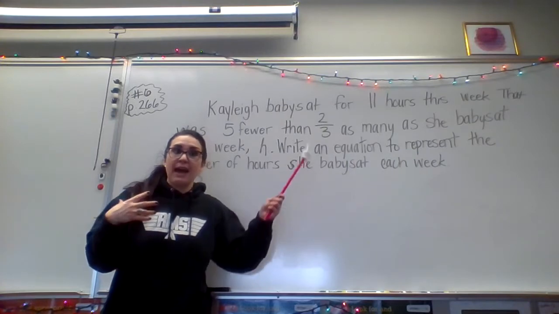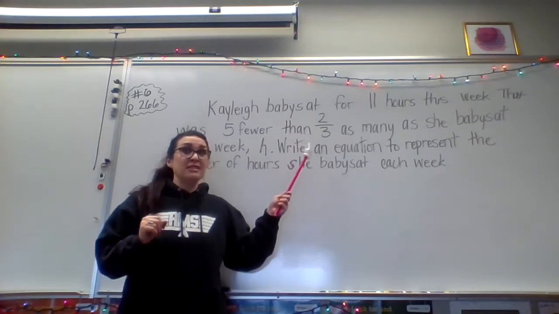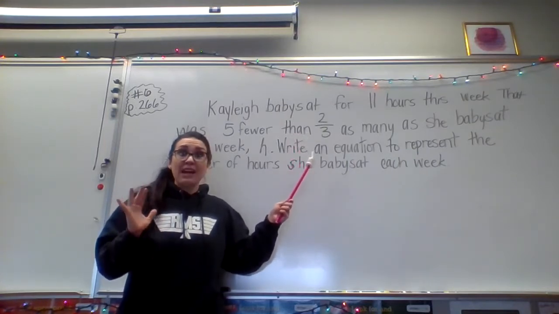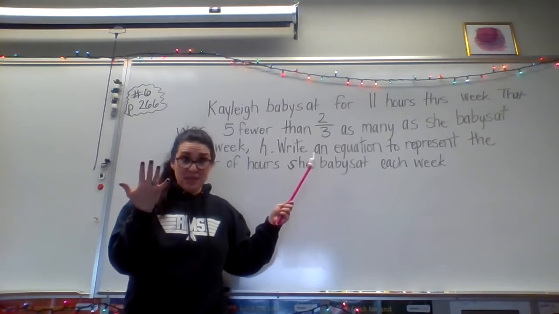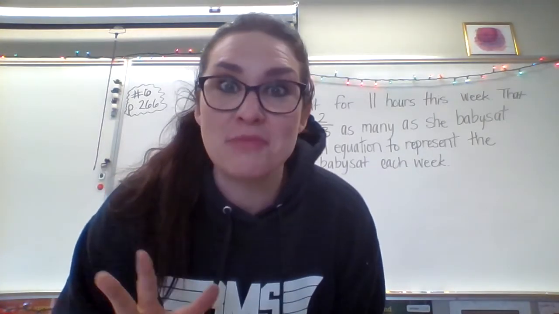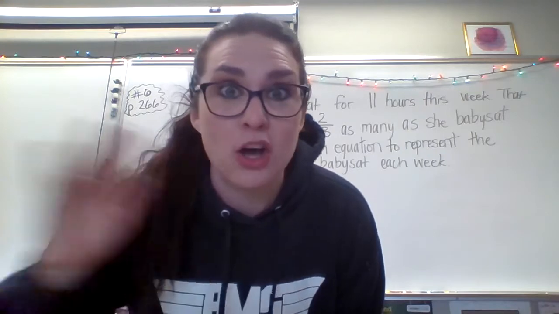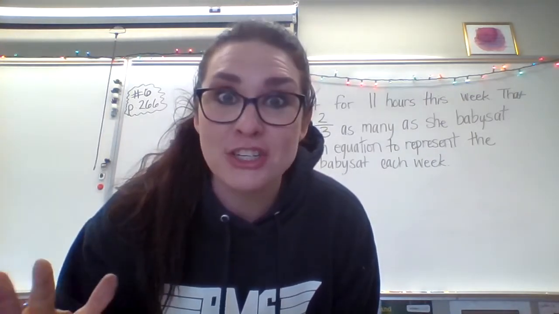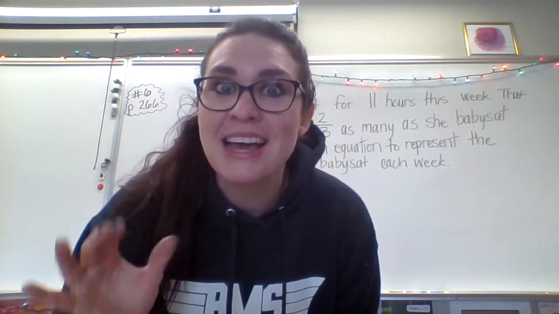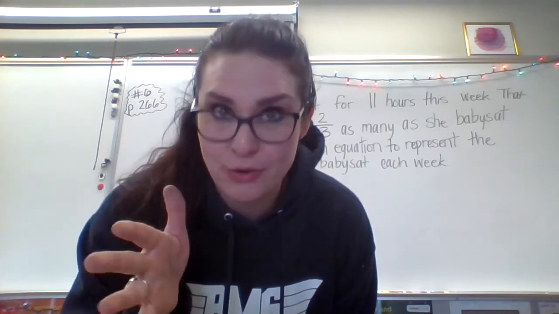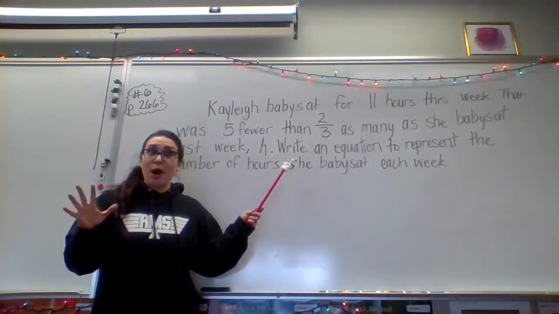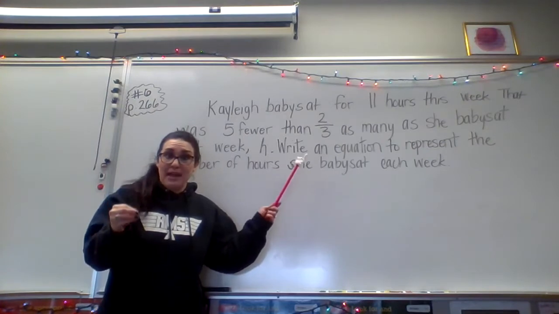Now a couple of things to look at. I know that there is a fraction. I know that. But can I tell you something? Just because there's a fraction doesn't mean that all the math we just did goes out the window, okay? Fractions are just numbers. It's okay. You can do it. Do you remember in that last problem it said twice as many, right?